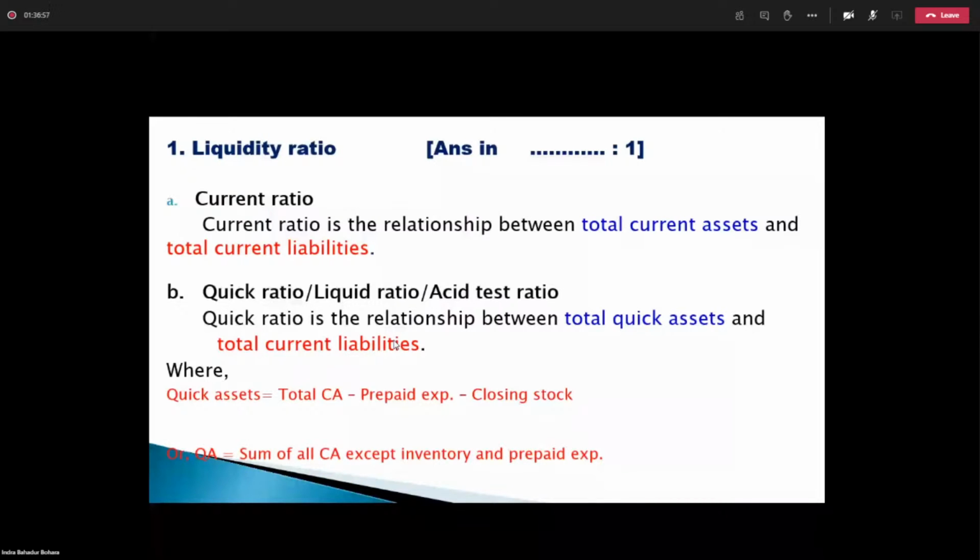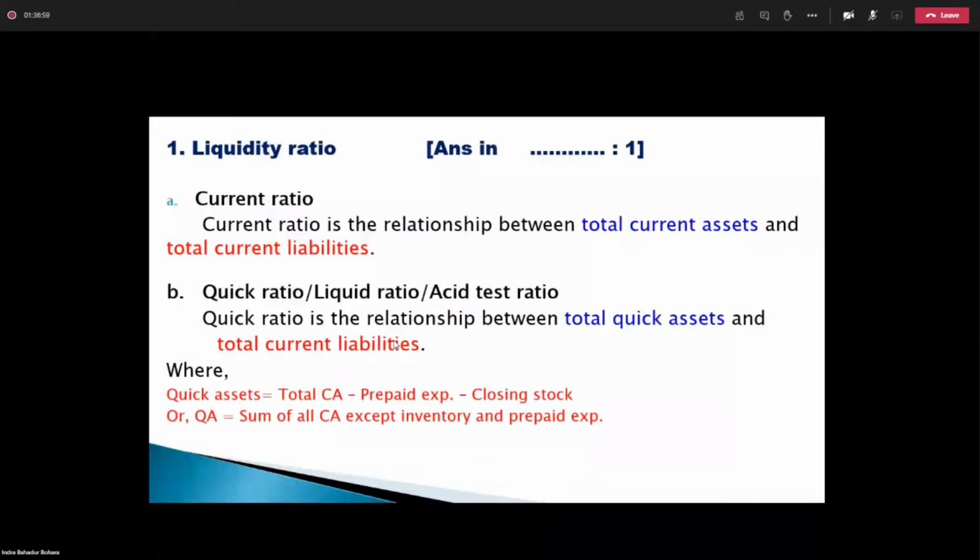In other words, when you haven't calculated total current assets, in such a condition it is not possible to deduct prepaid and closing stock from the total current assets. In such a condition, you can calculate quick assets as the sum of all current assets except inventory and prepaid. So exclude the inventory and prepaid. The sum of the remaining current assets except stock and prepaid are quick assets.